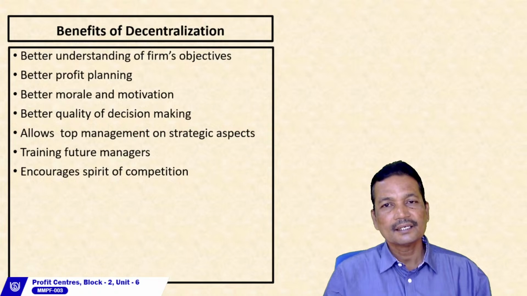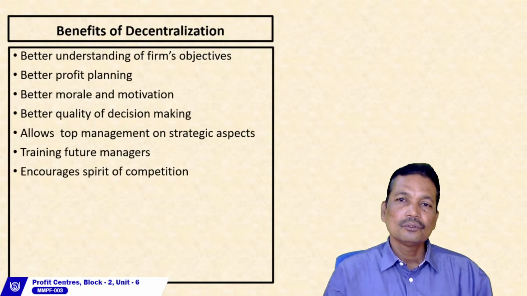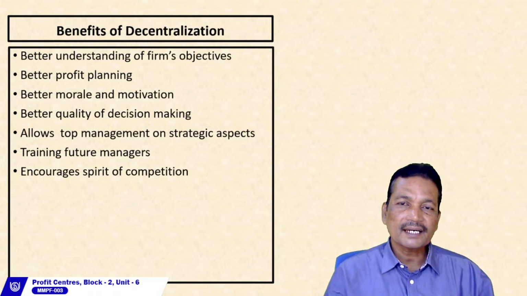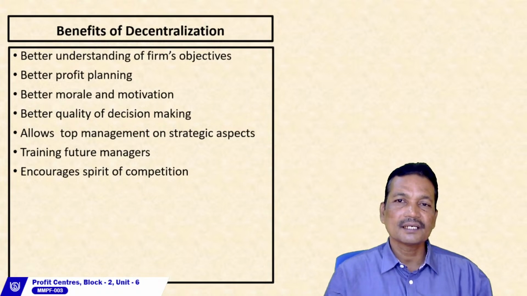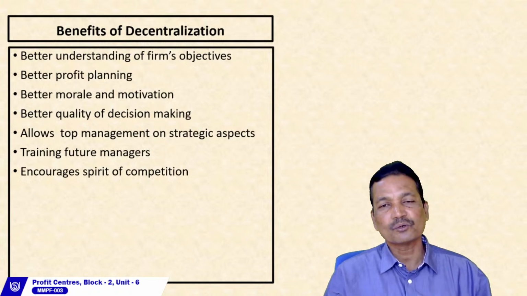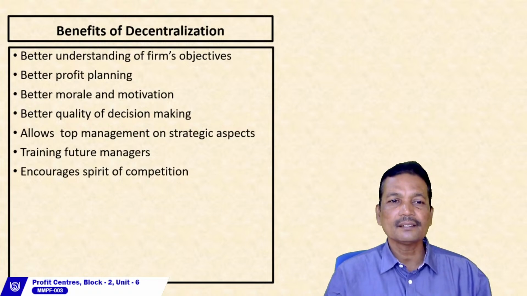Apart from that, they would like to perform their activities in such a way that they will be the leaders among the various segments. So this gives them the morale or the motivation to do their best.